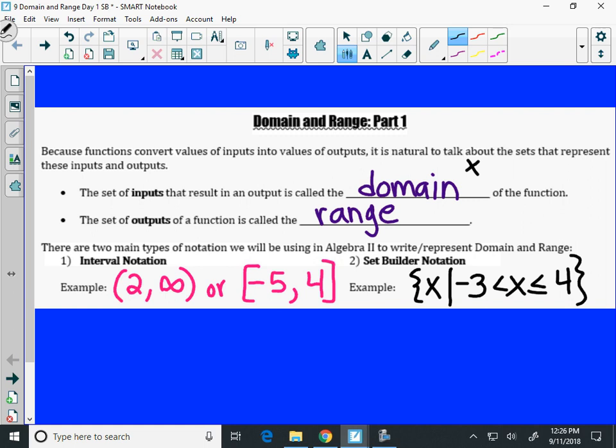We're going to mostly use interval notation. And again, this is not exclusive. Interval notation generally is easier to do from a graph. This set notation we're going to look at a little bit today, but we're going to see the set notation more tomorrow when we look at domain and range with equations. But in general, those are the two different ways you can write domain and range. We will spend a lot of time with them.